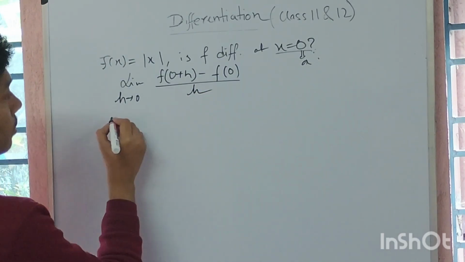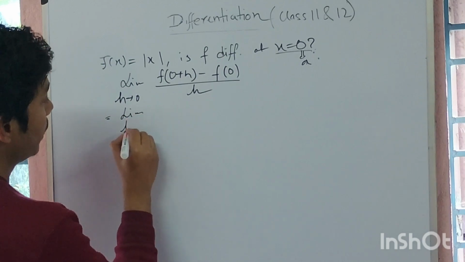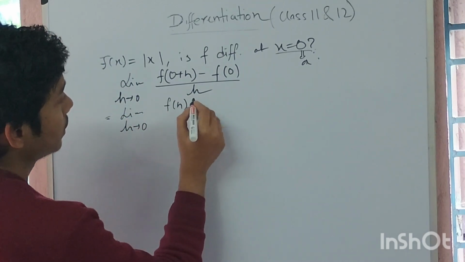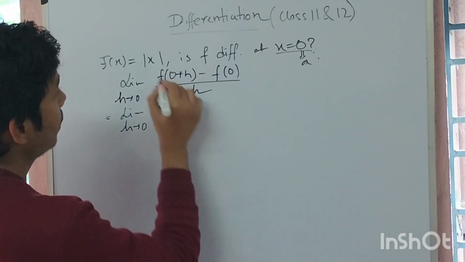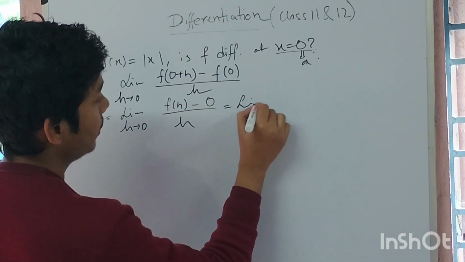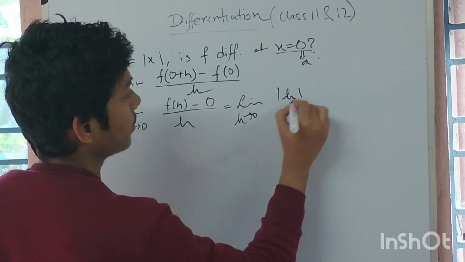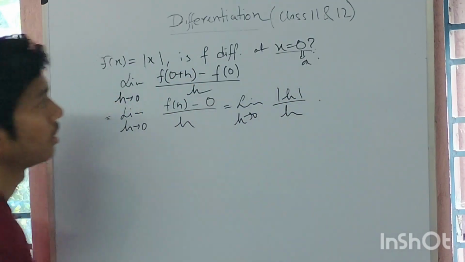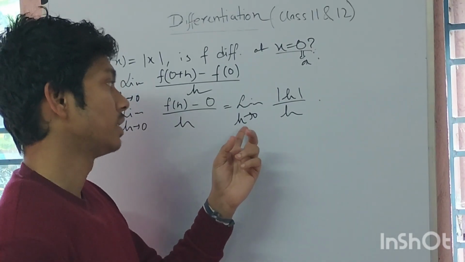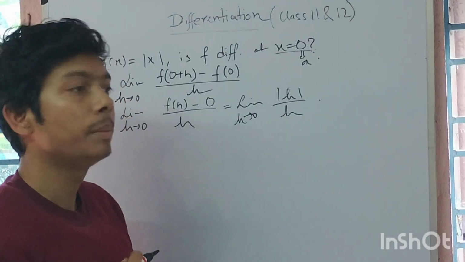What will it be now? It will be limit h tends to 0, f of 0 plus h means f(h), minus f(0) means 0, by h; limit h tends to 0, f(h) means mod h by h. Fine, and as h tends to 0, I have to check whether this limit exists or not.